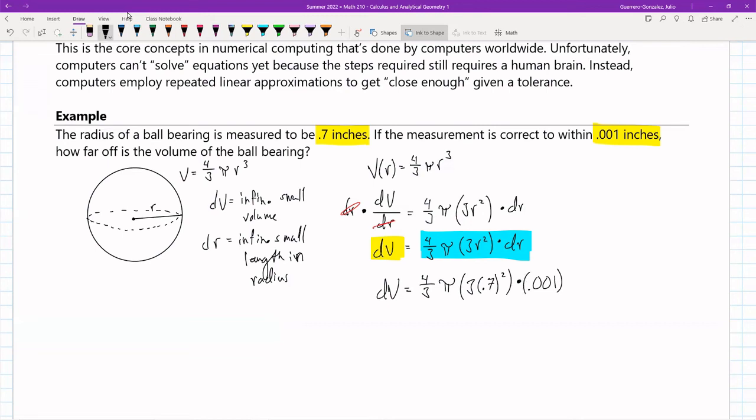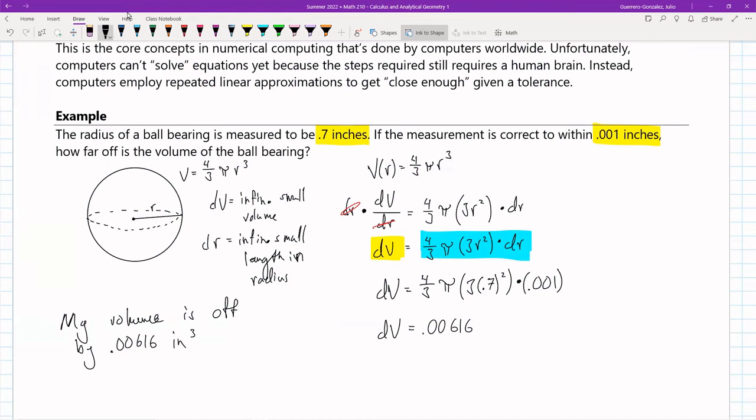If you plug this all in, we get dV is equal to 0.00616. So we are off by 0.00616 inches cubed. It is off by 0.00616 inches cubed.